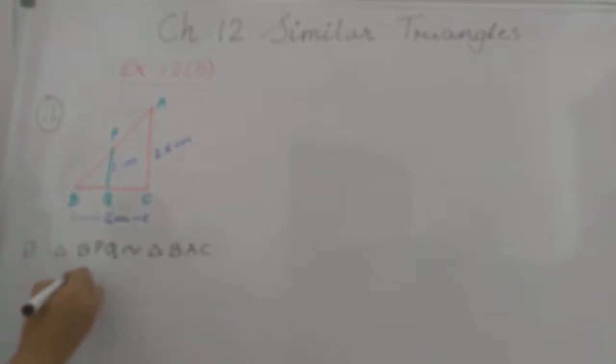So here I take PQ upon AC is equal to BQ upon BC is equal to one more thing, that is BP upon AB. I write all the three sides ratio. So here PQ value is 1 and AC value is 2.5. Then BQ value we want to find out, and BC value is 6, given.